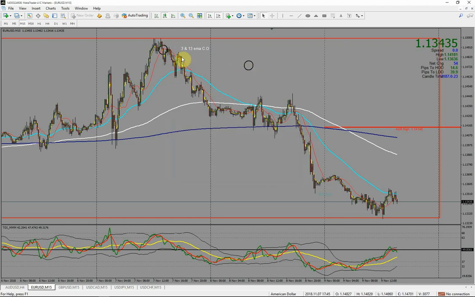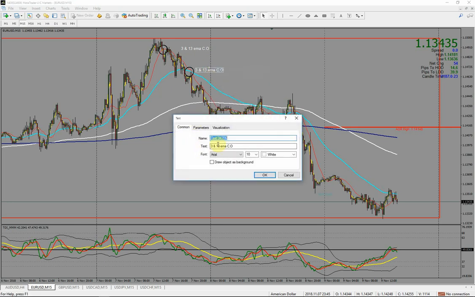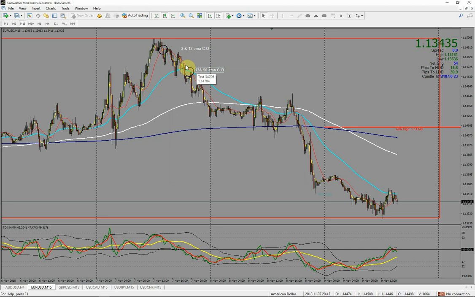That is our first crossover. The second crossover is 13 and 50. 3 and 13, 13 and 50. Just gonna copy and paste that here. 13 and 50. There we go.